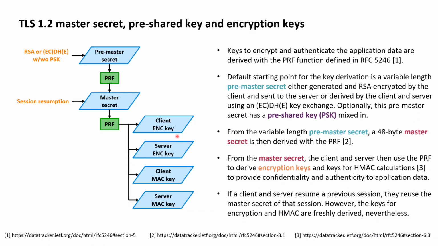That's it. This derivation tree outlines the relationships between the pre-master secret, master secret, encryption keys, and authentication keys, and from this derivation tree we can see that the link between these secrets and keys is given by the pseudo-random function PRF. It's now clear that this pseudo-random function PRF is of highest importance to TLS 1.2, so let's have a closer look at it.